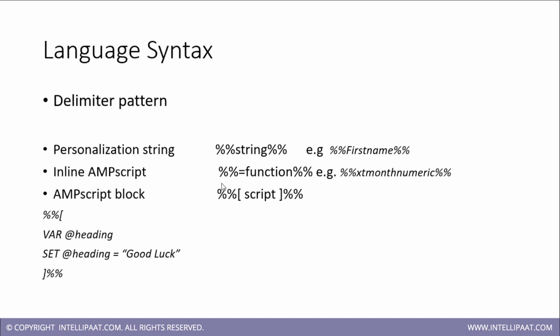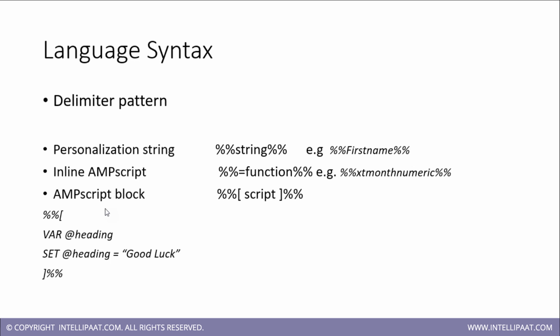Over here as well in inline AMP script, it remains the same in the end. In an AMP script block, you can set the variables, of course declare them first, then set them, and do more granular or complex calculations inside, not mathematical only but logical calculations like if, loop, and all those things can be done inside, and then finally one single line can be outputted if you want.